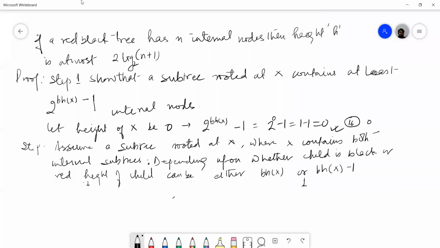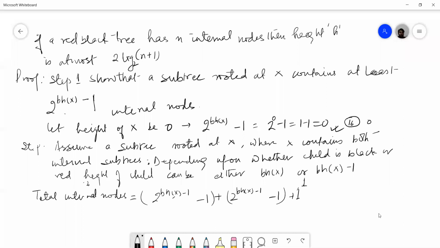Okay, so this we were discussing. So total number of internal nodes, using this formula, so height is BH of x, so it will be 2 to the power (BH of x minus 1) minus 1, plus 2 to the power (BH of x minus 1) minus 1, and plus 1 for x itself.